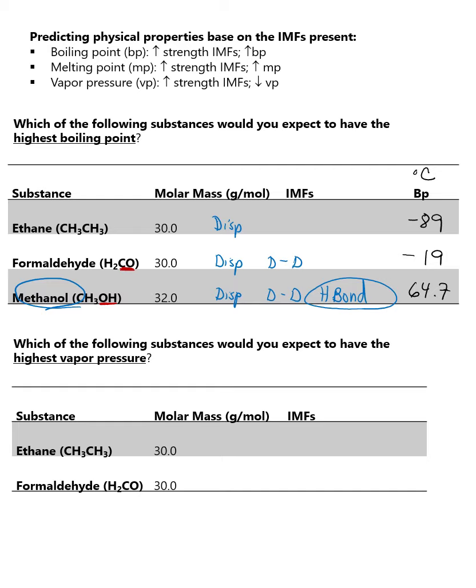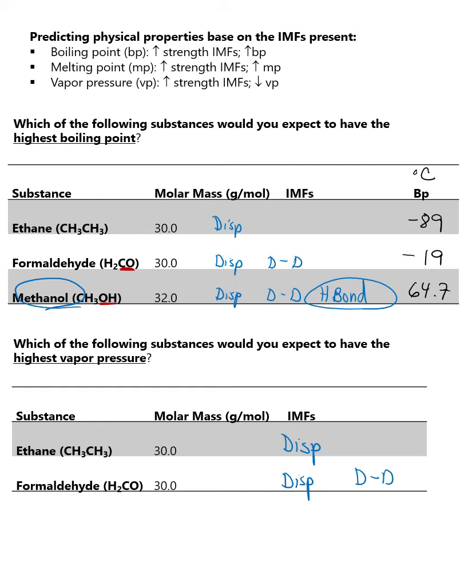So we have again ethane and formaldehyde. We already checked the type of intermolecular forces for both of them. For ethane, we have only dispersion, and then for formaldehyde, we have dispersion and dipole-dipole. No hydrogen bond for this one.